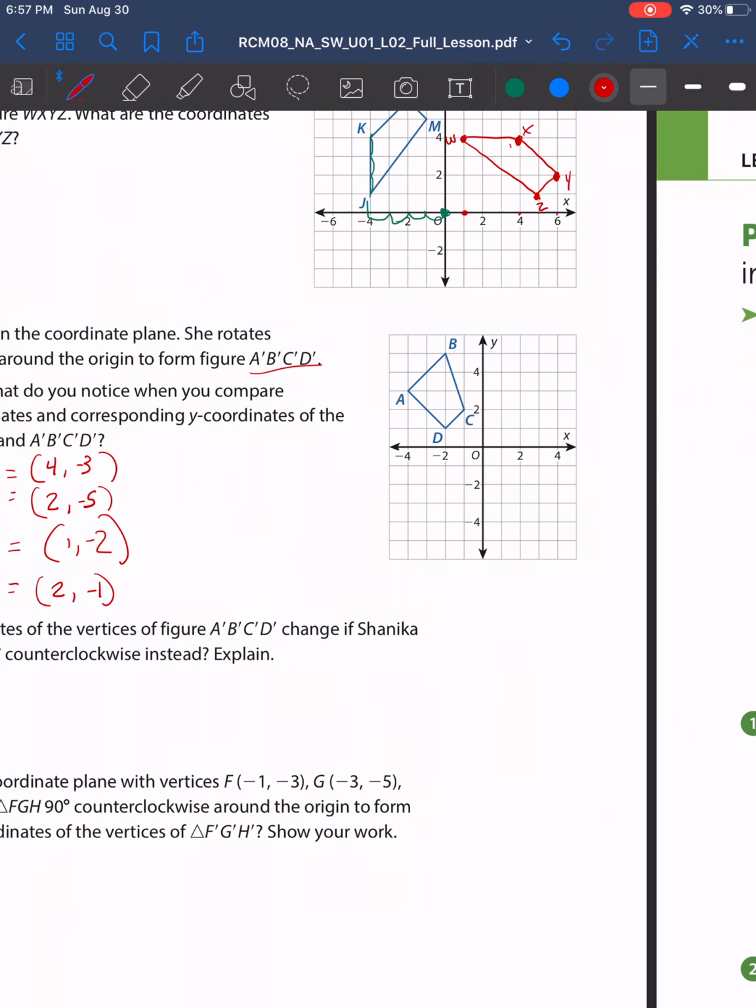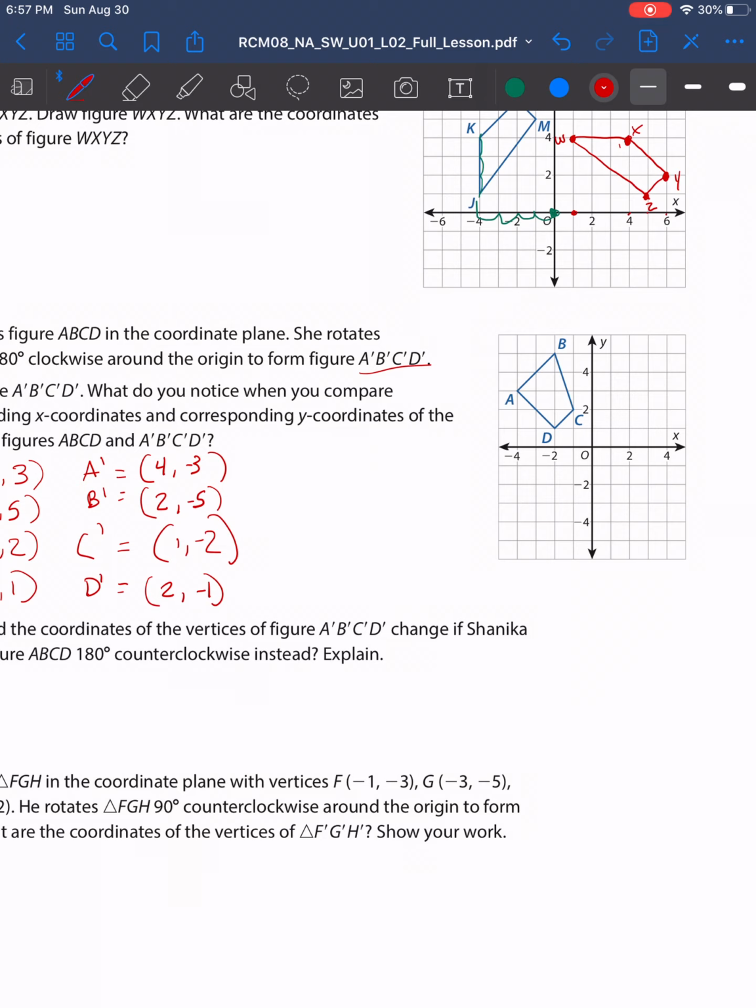Let's go put those in there and see where that would be. So this would be over 4, down 3. That would be A. Well, so far so good, we're in the right coordinate. So it'd be over 2, down 5. Over 1, down 2. D would be over 2, down 1.